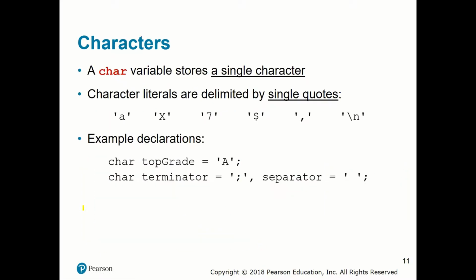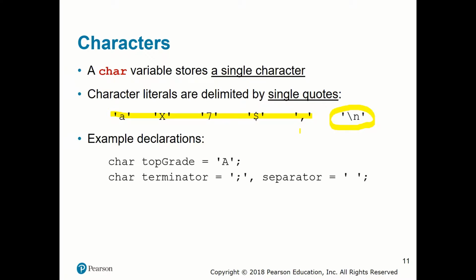A char variable stores a single character. Character literals are delimited by single quotes. So these are all examples of character literals. But this is a little bit strange. Do you remember this one?